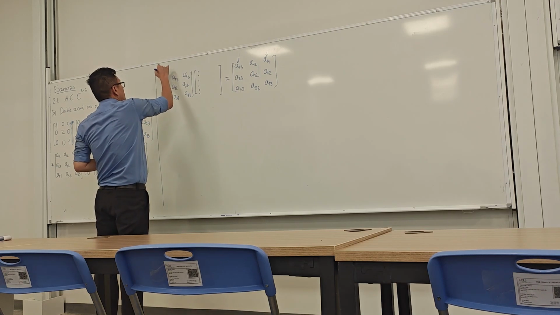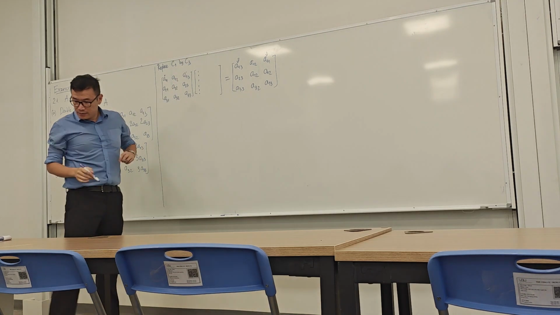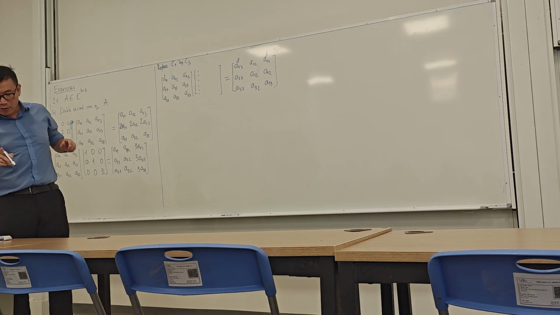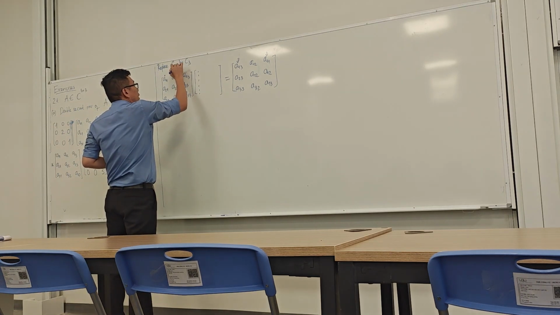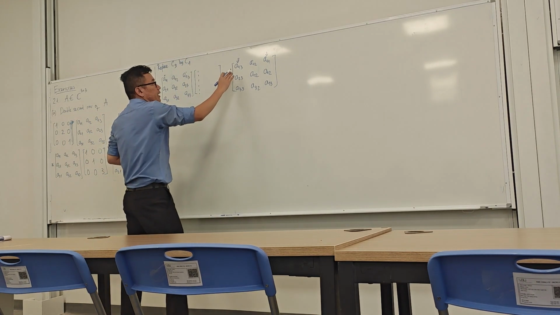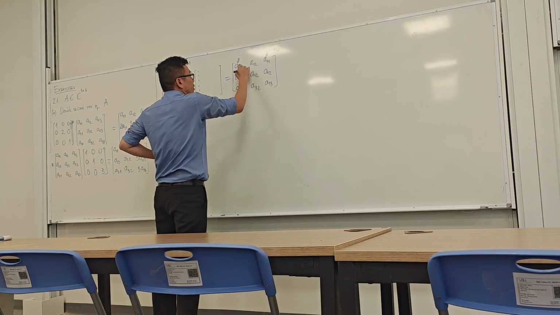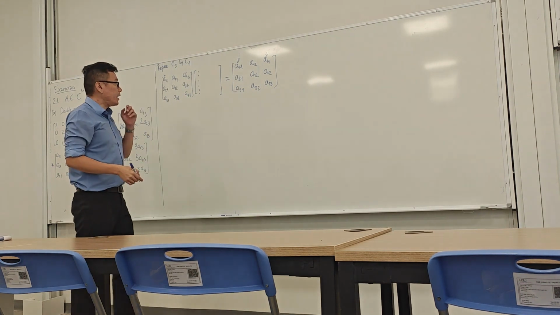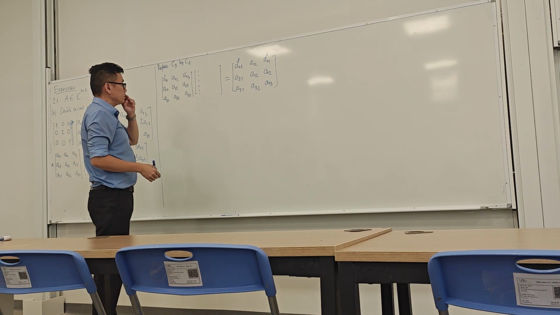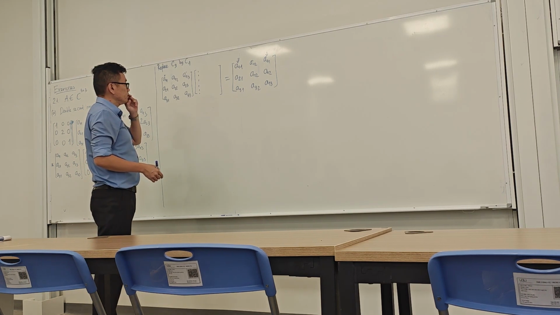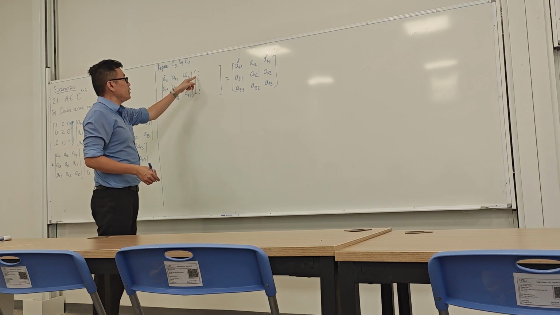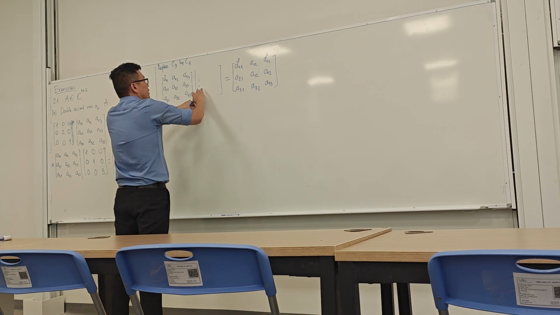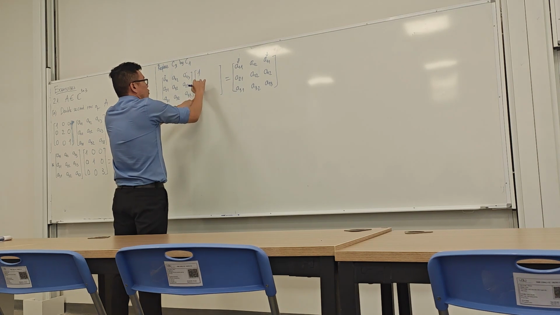Now, replace column 3 by column 1. This means that here this one is still A11, A21, and this is A31. The same here. This one multiplied by this one should give this, so maybe this is 1, for example.